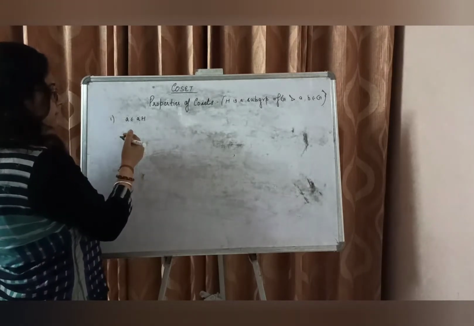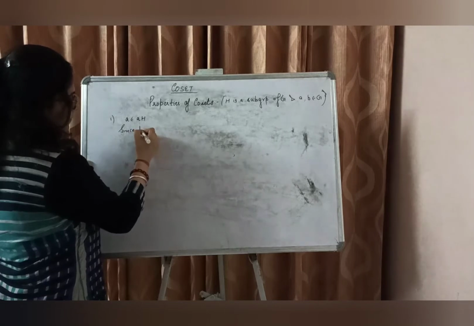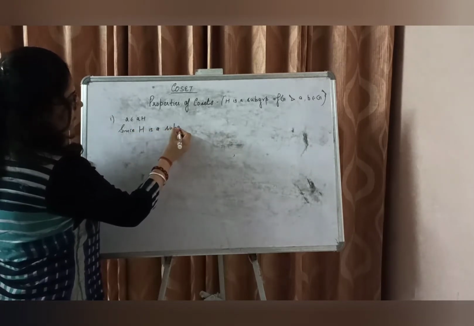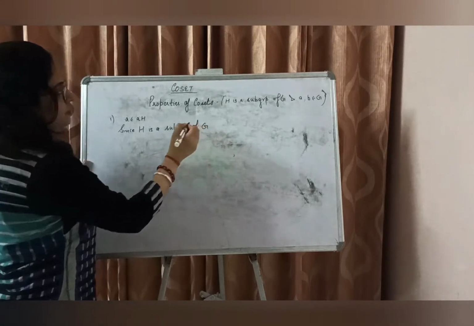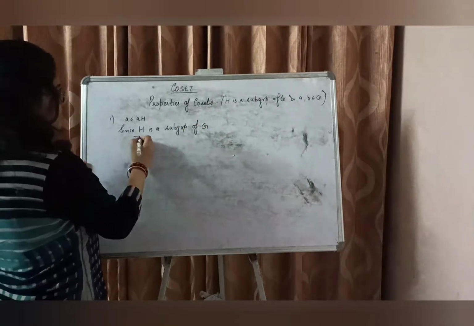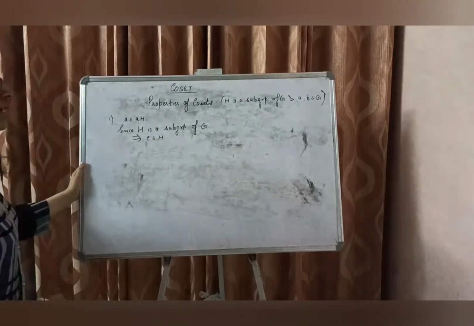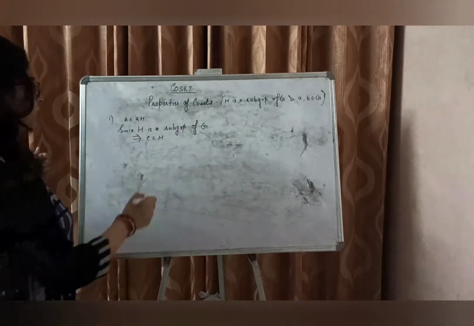So the very first property is a belongs to aH. Since H is a subgroup of G, this implies e belongs to H. Now the identity of H and the identity of G is the same because identity is unique.